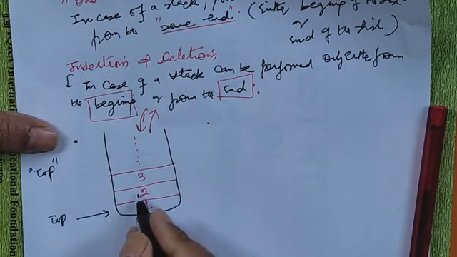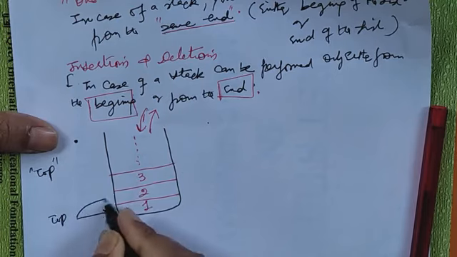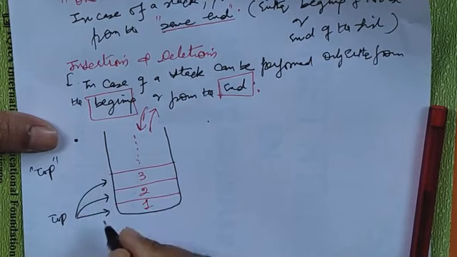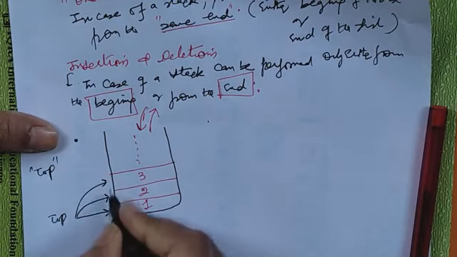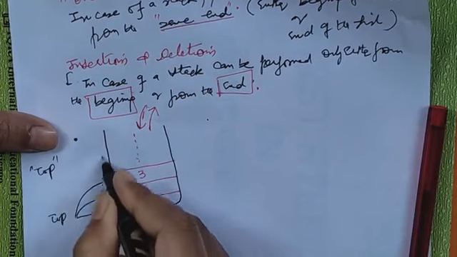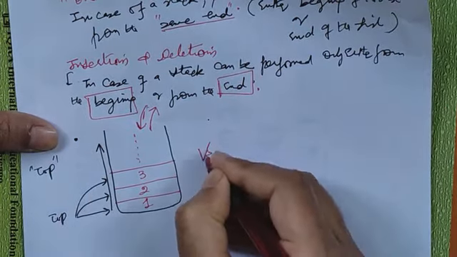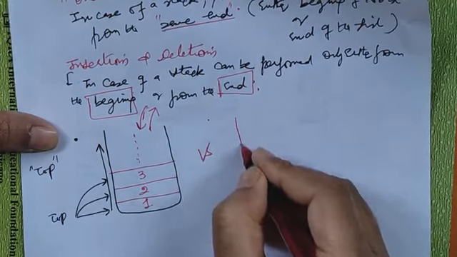Then we inserted 2, now top will point to 2. Then 3, then top would point to 3 and so on. So in case of insertions, this top dynamically moves upwards.